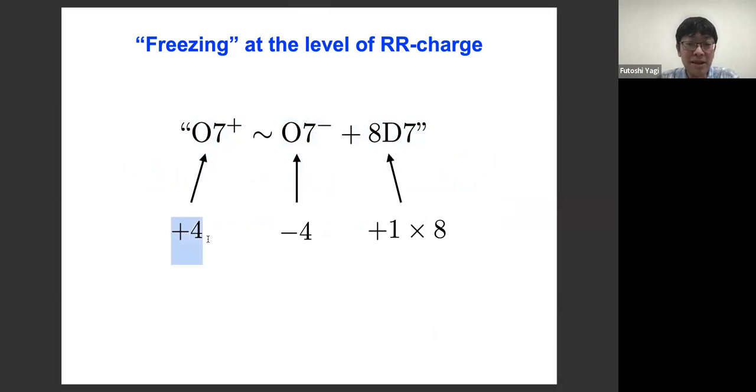On the left-hand side, O7-plus has +4 RR charge, and O7-minus has -4 RR charge, and each D7 brane has 1 RR charge, times 8. So the RR charge at left and right is identical. Especially if these D7 branes are at the same place as O7-minus, from the viewpoint of RR charge, they look similar.